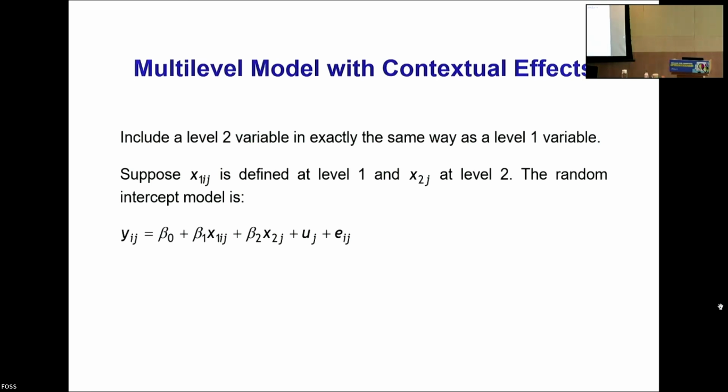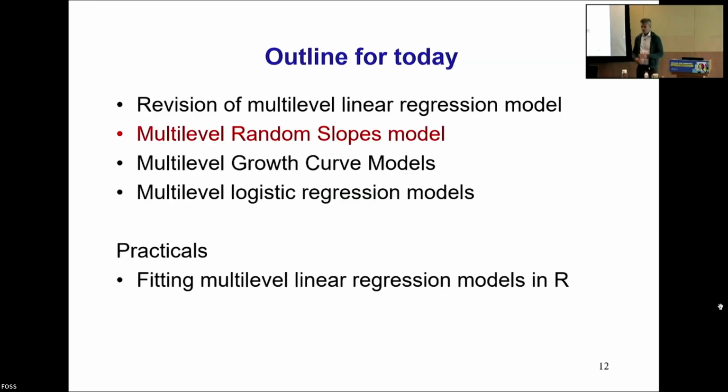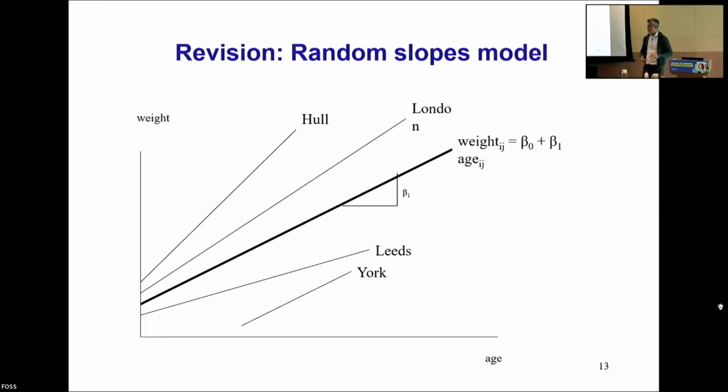It's just beta naught plus uj that gives us the intercept for group j. It's not a very complicated model, as you can see. It's just two error terms, and then you can fit in as many explanatory variables as you need, as many x variables. The last type of model that we discussed last week was the random slopes model.